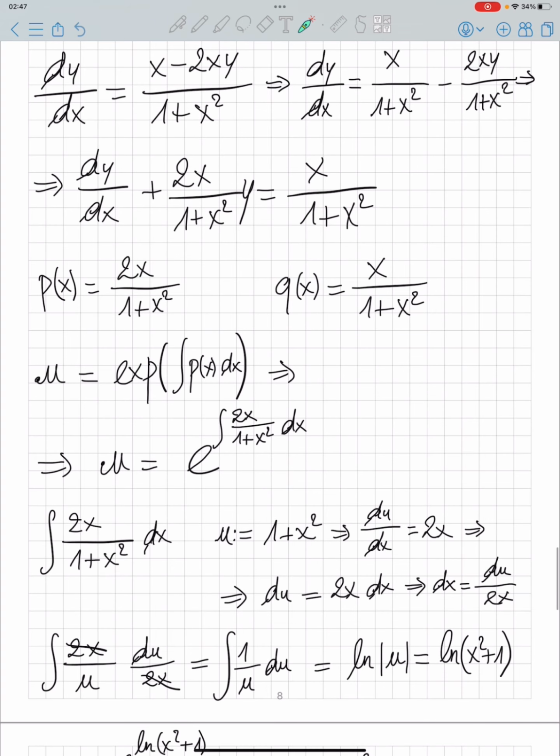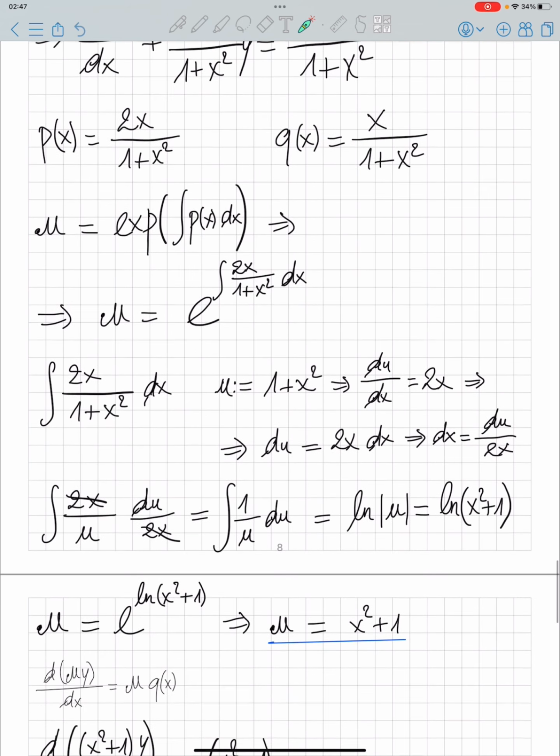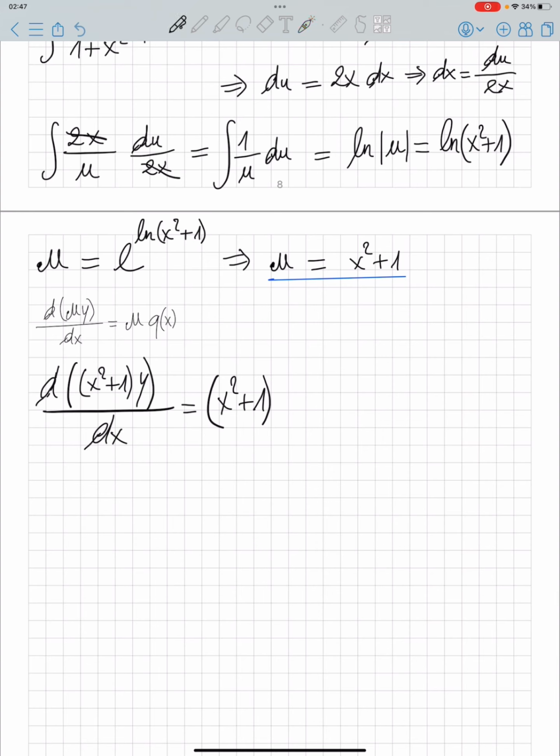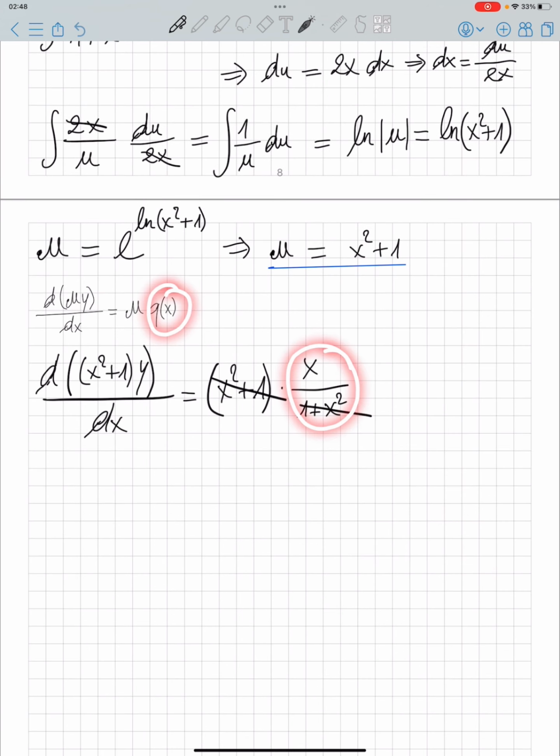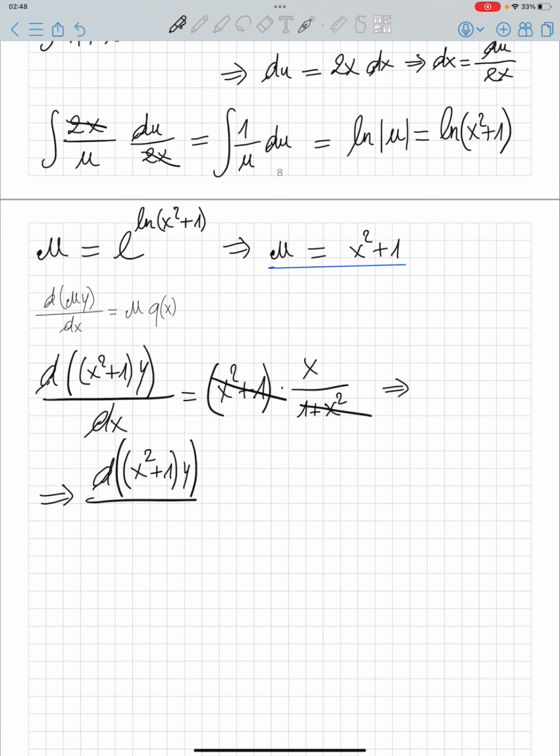So our q of x is equal to x over 1 plus x squared, right? So x over 1 plus x squared. So these two, they cancel out, right? And also, so let's write it down like this: d of (x squared plus 1) y over dx is equal to x, right?